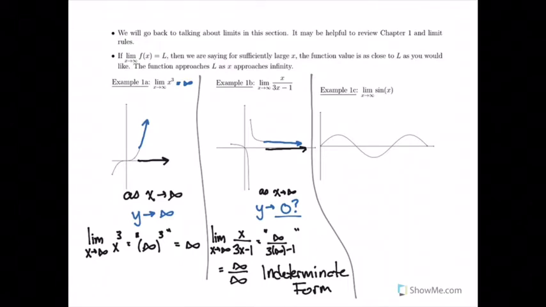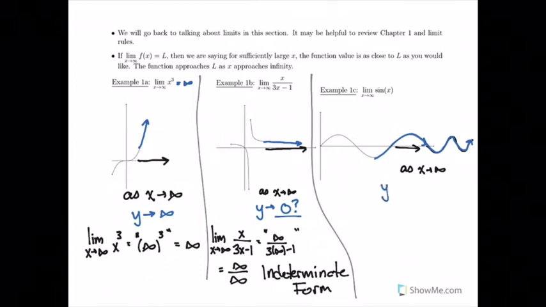For this third example, if we let x get closer and closer to infinity, we're letting x get really, really big, what happens to the corresponding y values? Well, sine is just going to keep on going up and down as we go out, which means that the y values are going to be going back and forth between 1 and negative 1 forever.